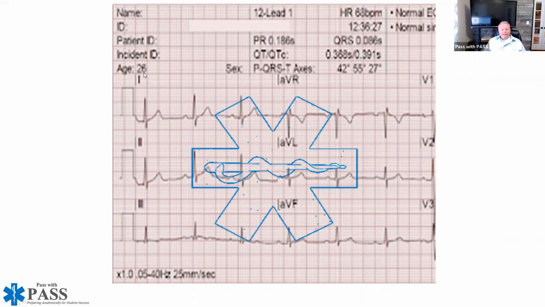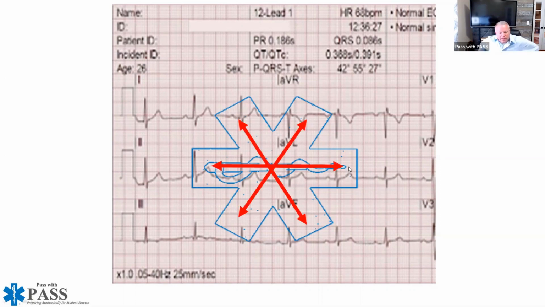If I come up here to lead 1, and lead 1 was my most equiphasic, then look where that line is pointing. It's pointing down here to AVF. AVF points to lead 1. And then AVL is pointing to 3, and 3 is pointing to AVL. And we have some arrows here that help show that.